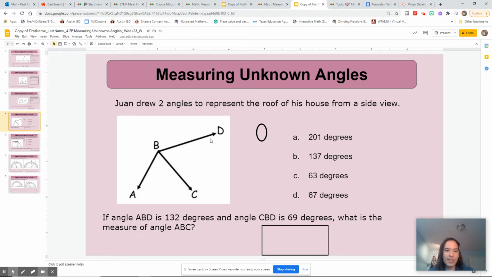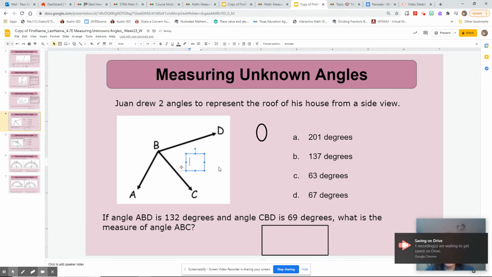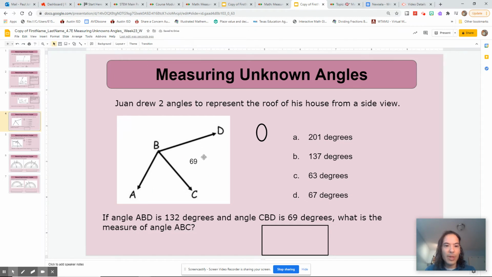This section is 69. What is the measure of ABC? So we need to find out how much is right there. I could label this just to make it a little bit easier to see.